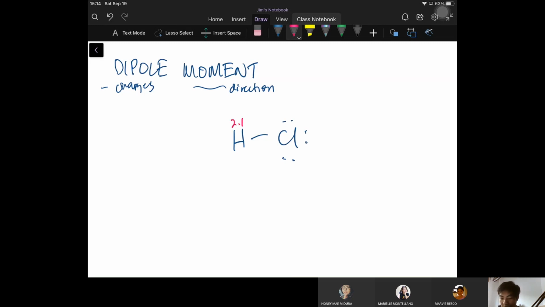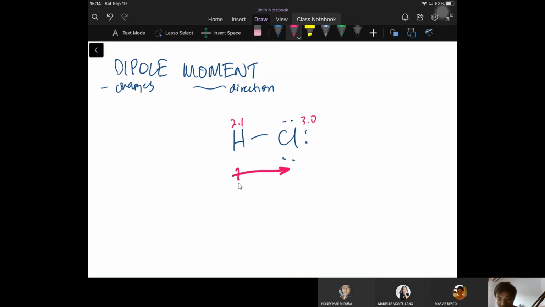Hydrogen is 2.1, chlorine is 3.0 ang electronegativity. So, Cl ang mas electronegative kaysa kay H. Saan papunta yung electrons? Papunta sila kay Cl.